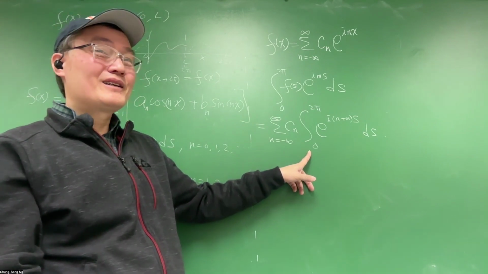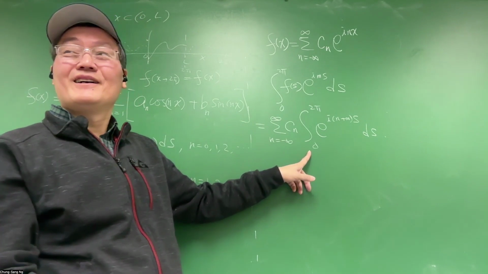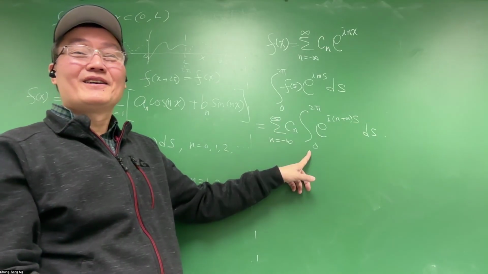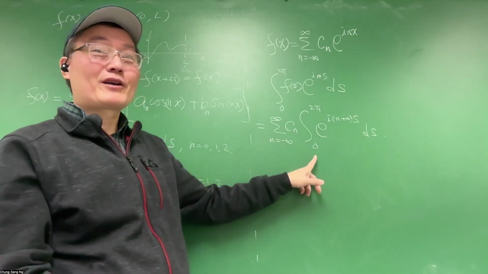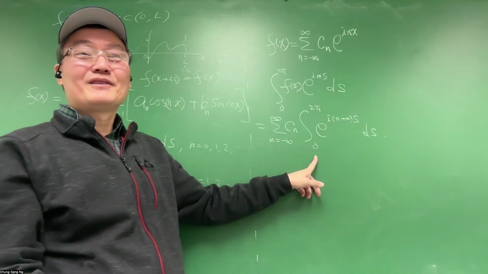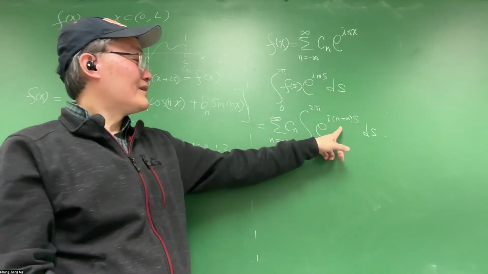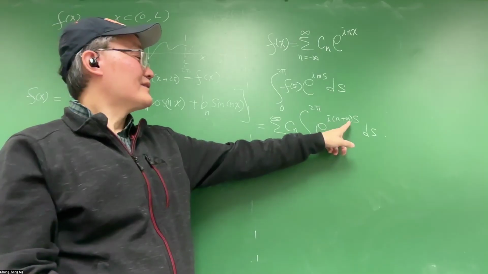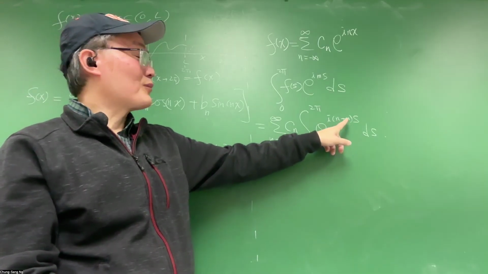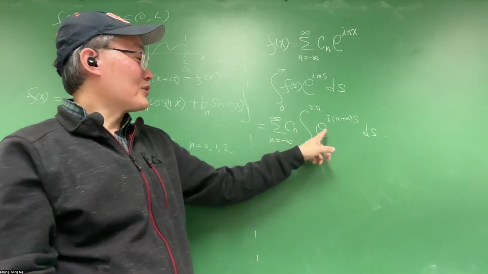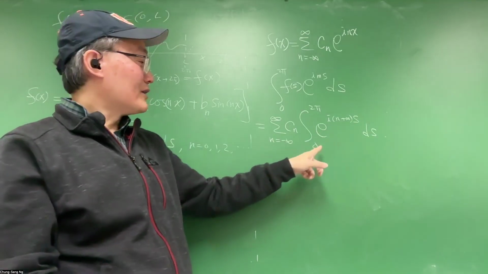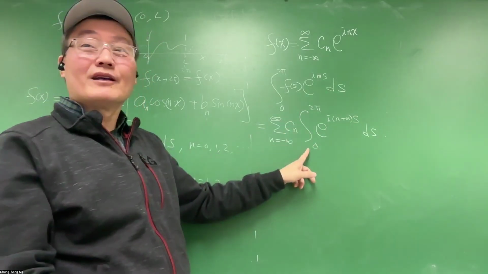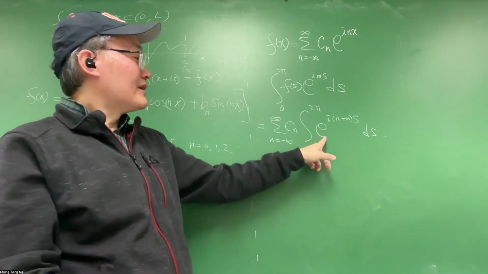It is 0 except the non-zero case, when this adds up to 0. When this adds up to 0, this is 1. You integrate 0 to 2 pi, and it will be 2 pi, right?